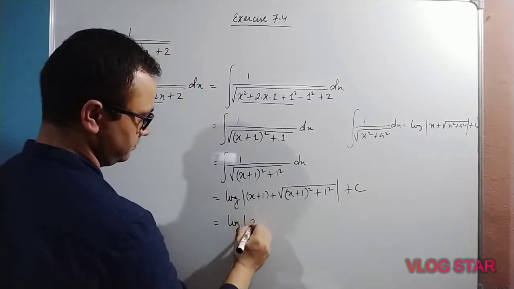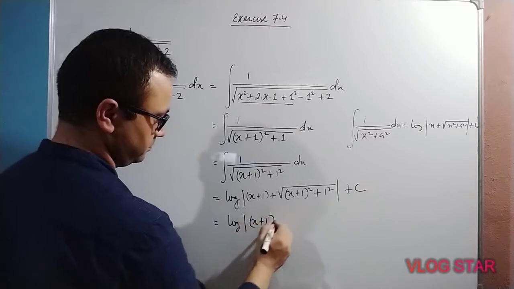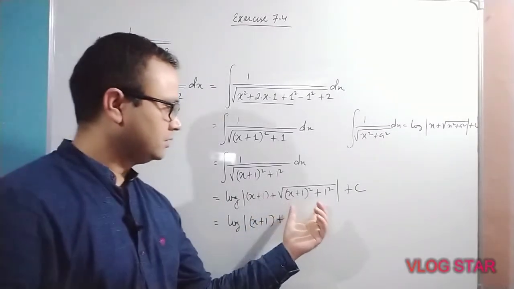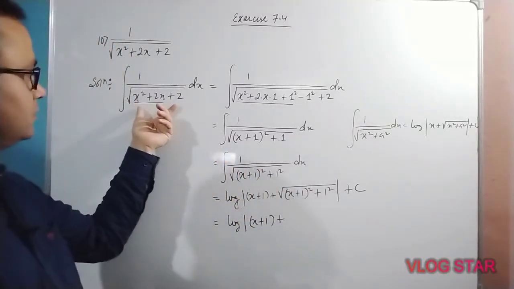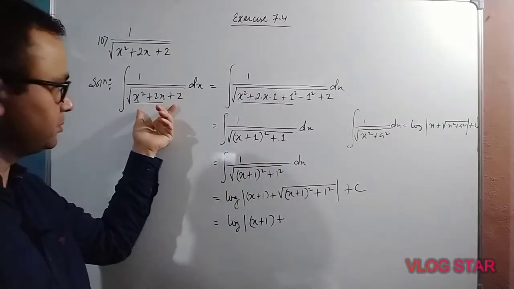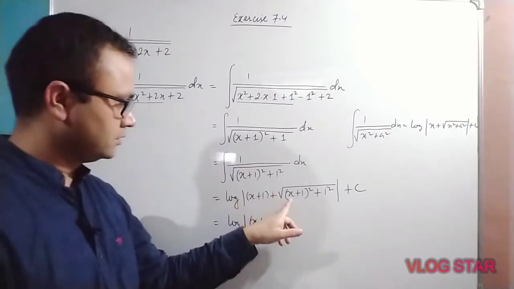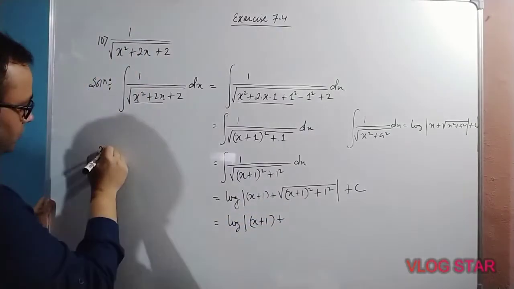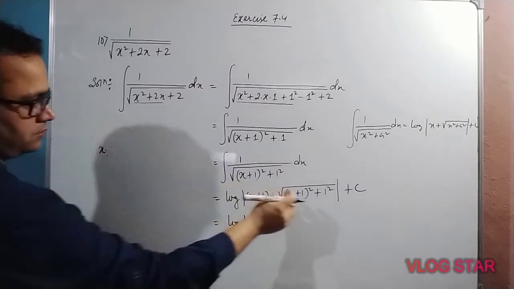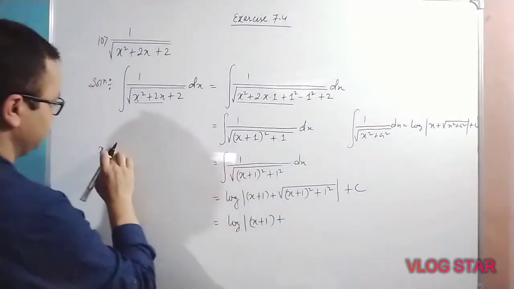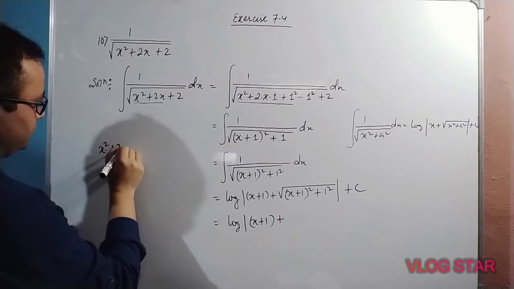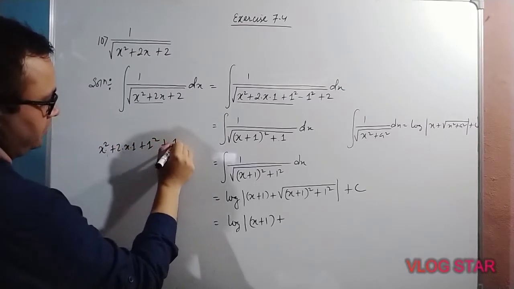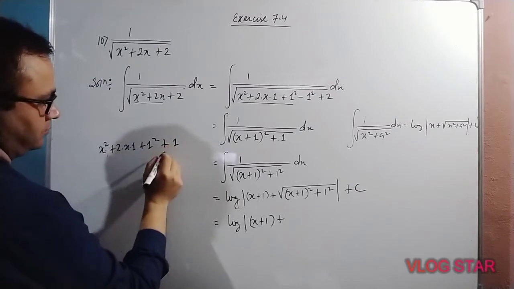Log x plus 1 plus, now if you simplify it, you will get the initial expression. Look here, a plus b whole square is a square plus 2 into a into b plus b square, plus 1 square.